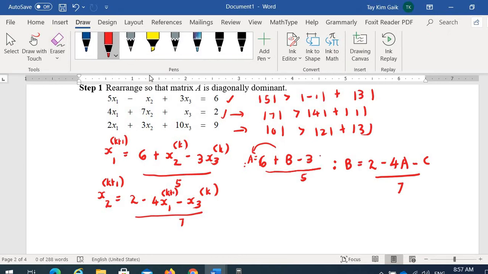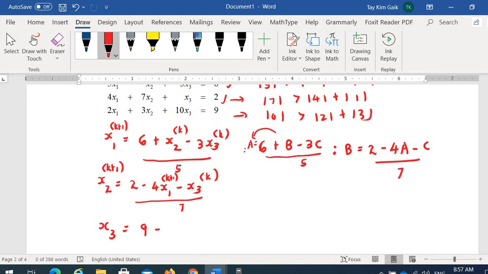x3 is C. Now you calculate x3 from equation number 3, which is 9 minus 2x1 minus 3x2 divided by 10. So 9 minus 2x1 minus 3x2 divided by 10. x1 has a new solution, so this is k plus 1. x2 also a new solution, so k plus 1.